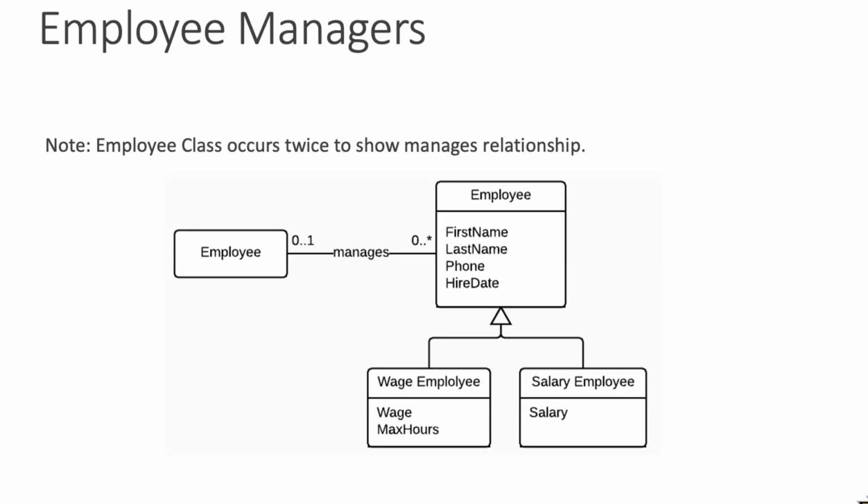There is one person in the organization, let's say in a private company, that no one manages. So it could be a CEO, and in that case, that person is managed by zero. That's what this zero means in this specific example.